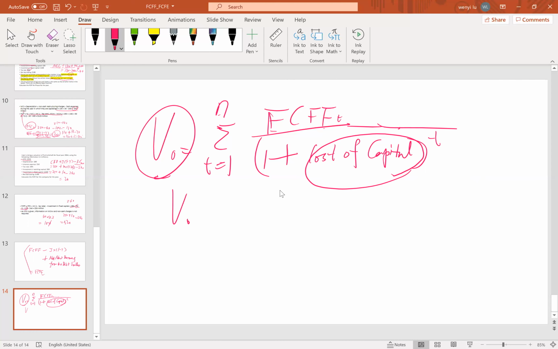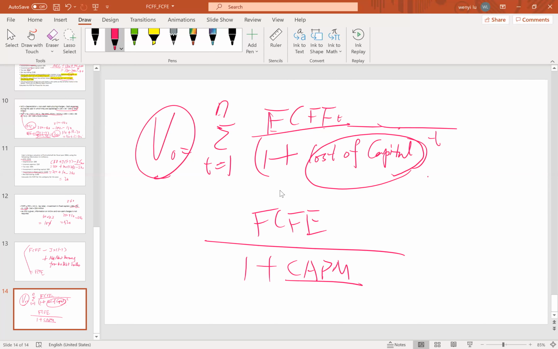Value of the firm minus the value of the debt will be the value of equity. Value of equity divided by the number of shares outstanding, you can solve the price of the share, and use that as a fair price of the stock. That's for the free cash flow to the firm. Same thing for the free cash flow to equity, which uses the cost of equity, from the same CAPM model, as the discount rate.